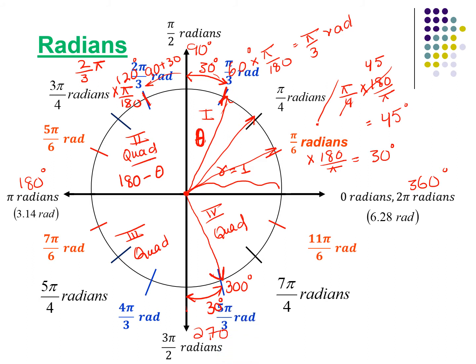Now to go from the first quadrant to the third quadrant with a symmetrical reflection, you make it 180 plus theta. Remember, theta is the basic thing. To take the reflection into the fourth quadrant, you make it 360 minus theta.